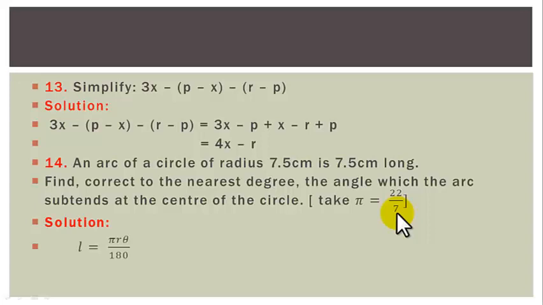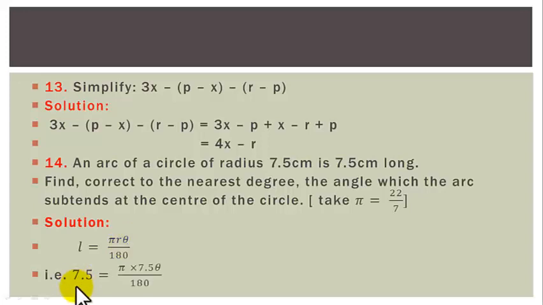We know that the length of an arc of a circle which subtends an angle of theta at the center of the circle is given by L equals pi r theta all over 180, where r is the radius and theta is the angle subtended by an arc at the center.